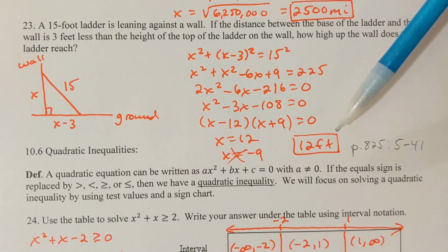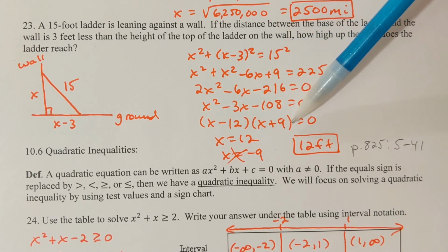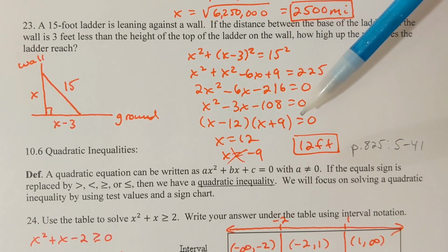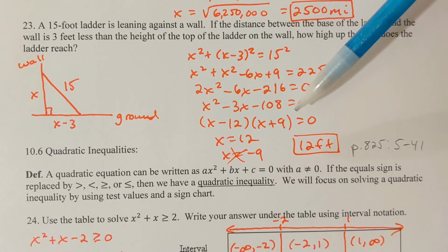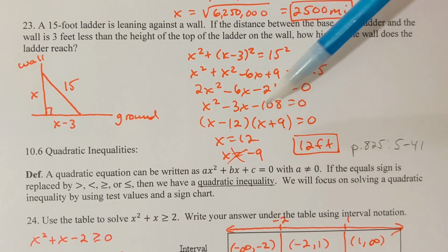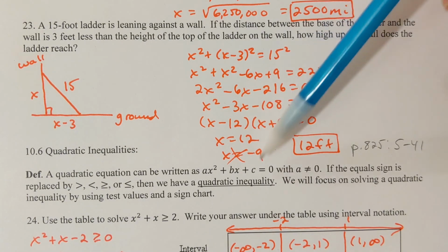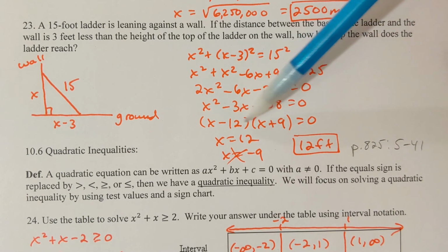This equation will factor nicely as x minus 12 times x plus 9. If you don't see that fairly quickly, be sure to use the quadratic formula. Not everyone might see this in just a few seconds, but of course there is that Plan B option. It did factor nicely, and here it is.